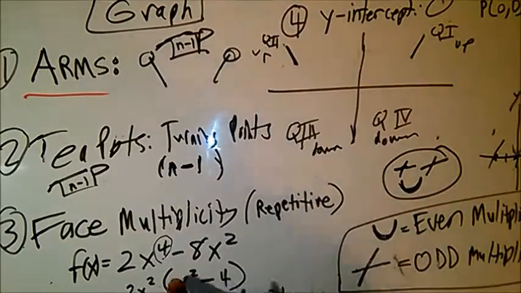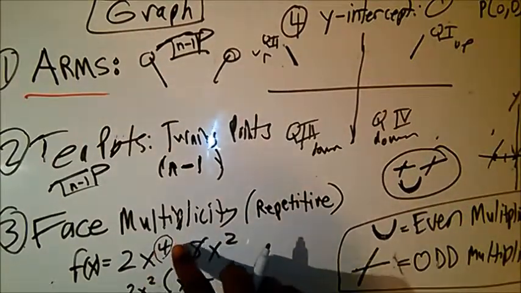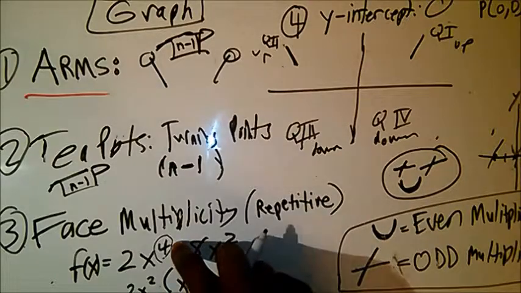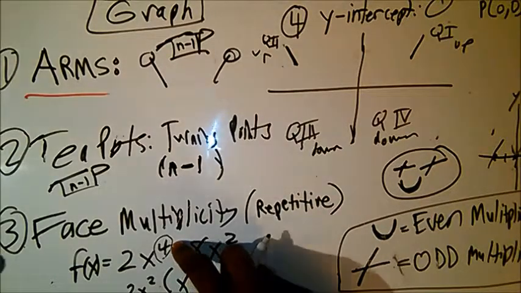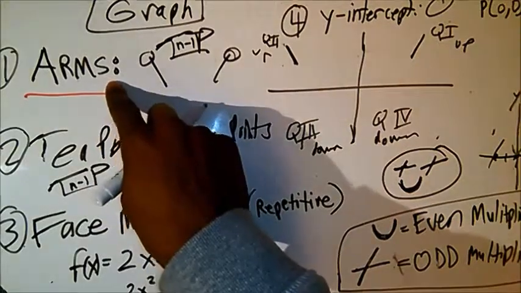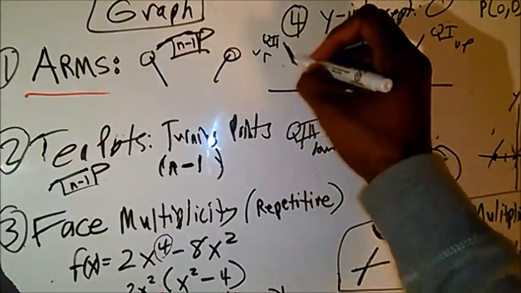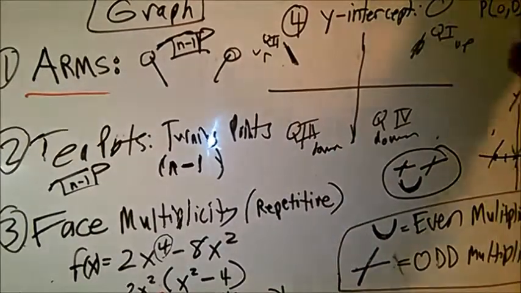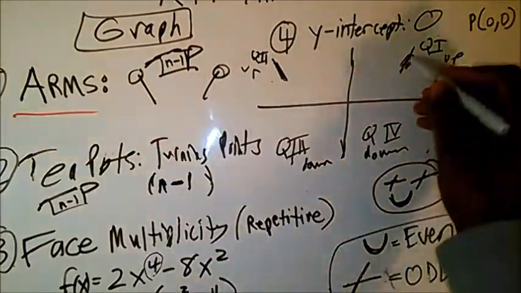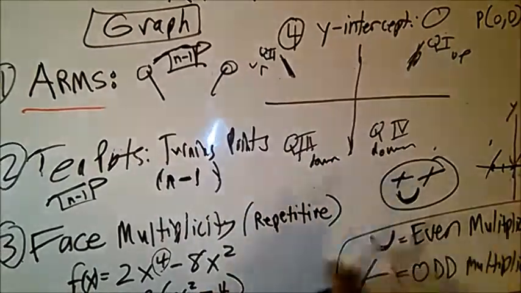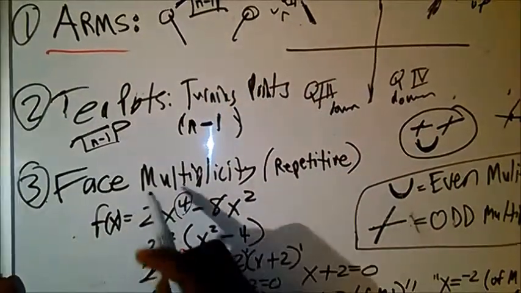So since our power here is to the 4th power, 4th power is even. Our arms will be facing up, right? They will start off up here, up left and up right. Okay. I kind of forgot something.